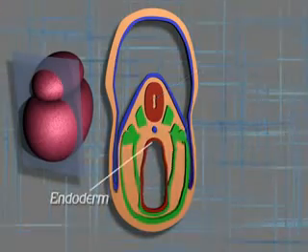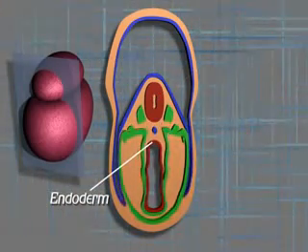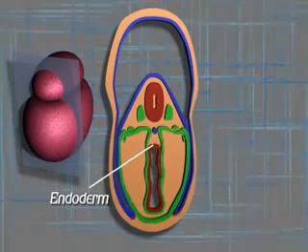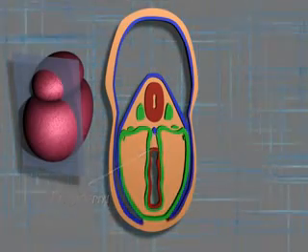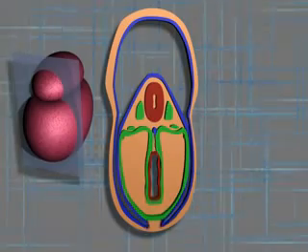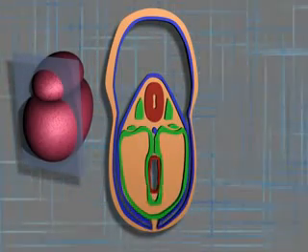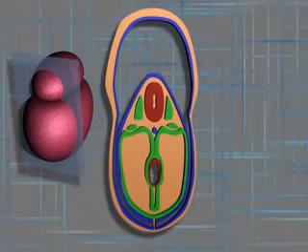The endodermal cells also form a tube, which will become the gastrointestinal tract. This tube elongates and anteriorly develops outpouchings that form the pharyngeal pouches.